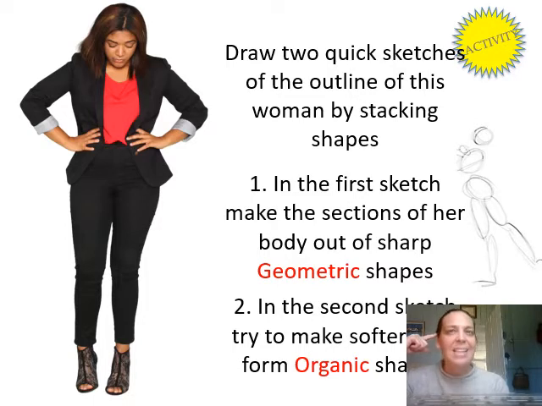And in your second sketch, I want you to try the exact same figure again, the same outline made of simple shapes, but this time try making more organic shapes. Maybe looking at the shapes that are there and smoothing them out and making them a bit more freeform. So again, do this pretty quickly, and we're not looking for a very sophisticated drawing, just simple shapes. And again, probably 2 or 3 minutes on this activity.